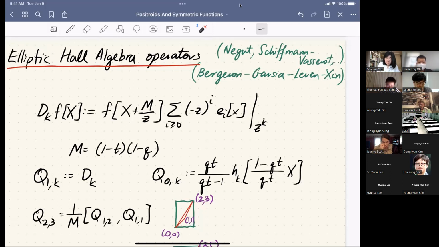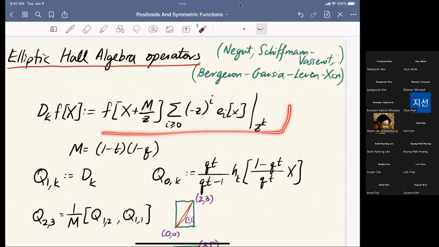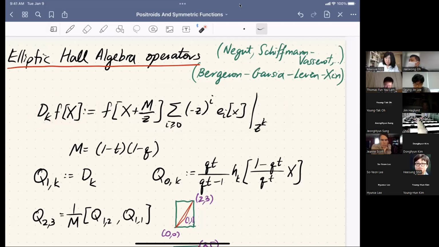Anyway, first I'll define some operators called D_k, where k is a non-negative integer. It's defined by taking a generating function over k, where D_k acting on a symmetric function f involves a plethysm, originally somewhat unusual to me, by X plus M over z.